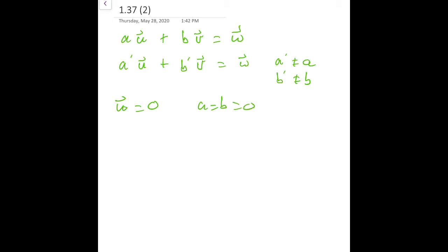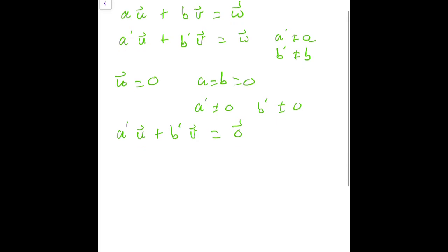And so let's say there are some other constants, A prime not equal to 0 and B prime not equal to 0, where A prime U plus B prime V is equal to the 0 vector. Again, this isn't the answer yet. This is just me trying to think through an approach to this problem. So I'm looking at a special case, that is when W is equal to the 0 vector and A and B are both equal to 0. What would happen if there are constants A prime not equal to 0 and B prime not equal to 0 such that this equation is true?